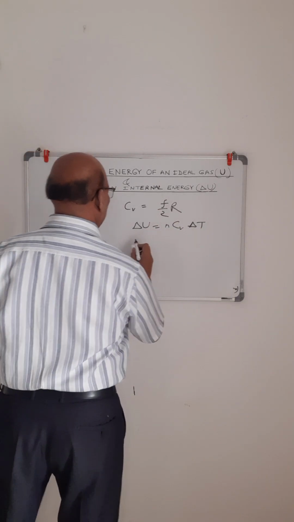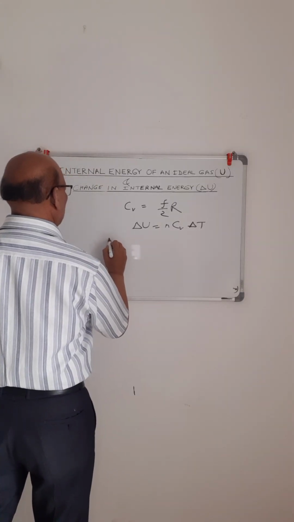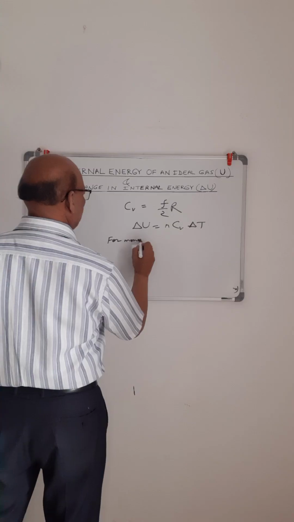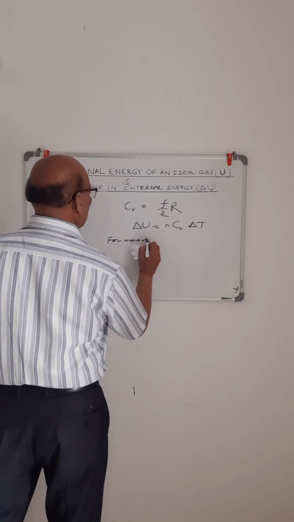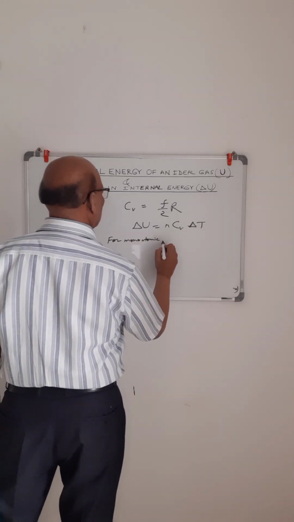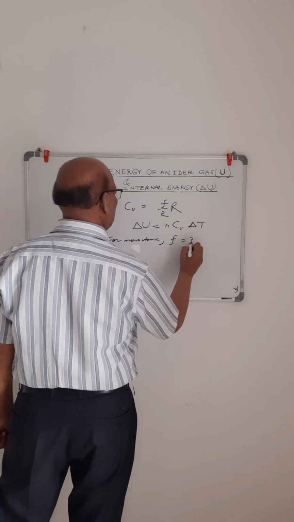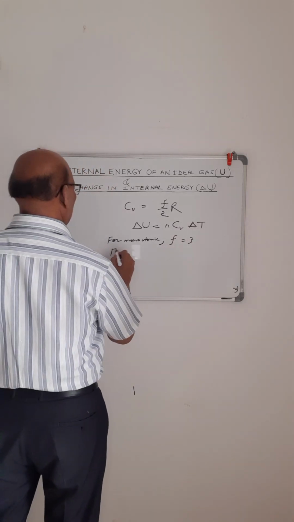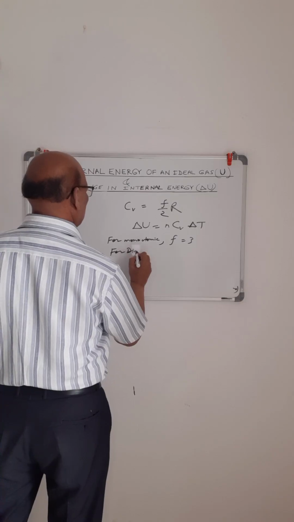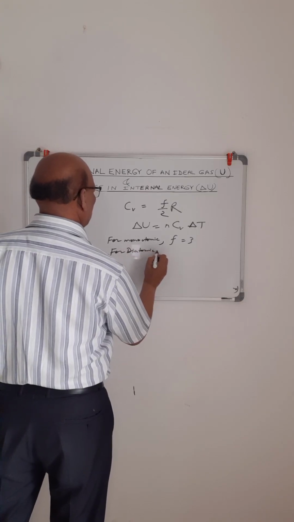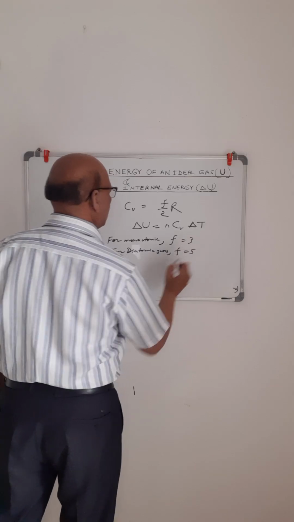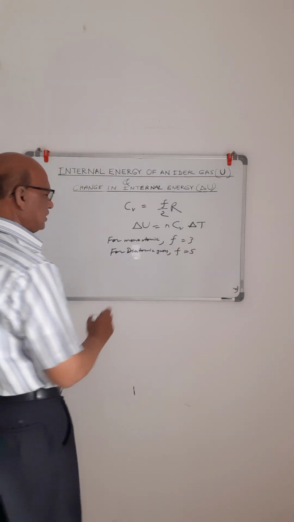Now what is degrees of freedom for monoatomic gas? For monoatomic gas, means when the ideal gas is monoatomic, the degrees of freedom is 3. All the 3 are translational degrees of freedom. For diatomic gases, this degree of freedom is 5. That is 3 translational plus 2 rotational.